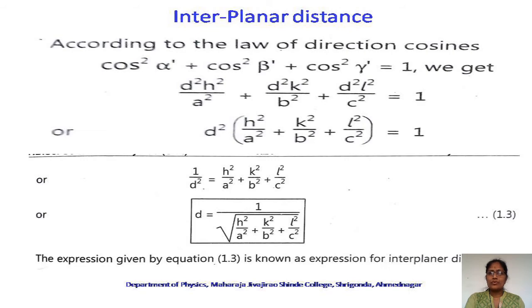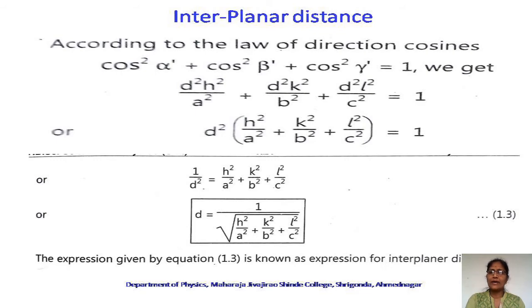It gives us d square h square upon a square plus d square k square upon b square plus d square l square upon c square is equal to 1. Taking d square common, d square into bracket h square upon a square plus k square upon b square plus l square upon c square is equal to 1.